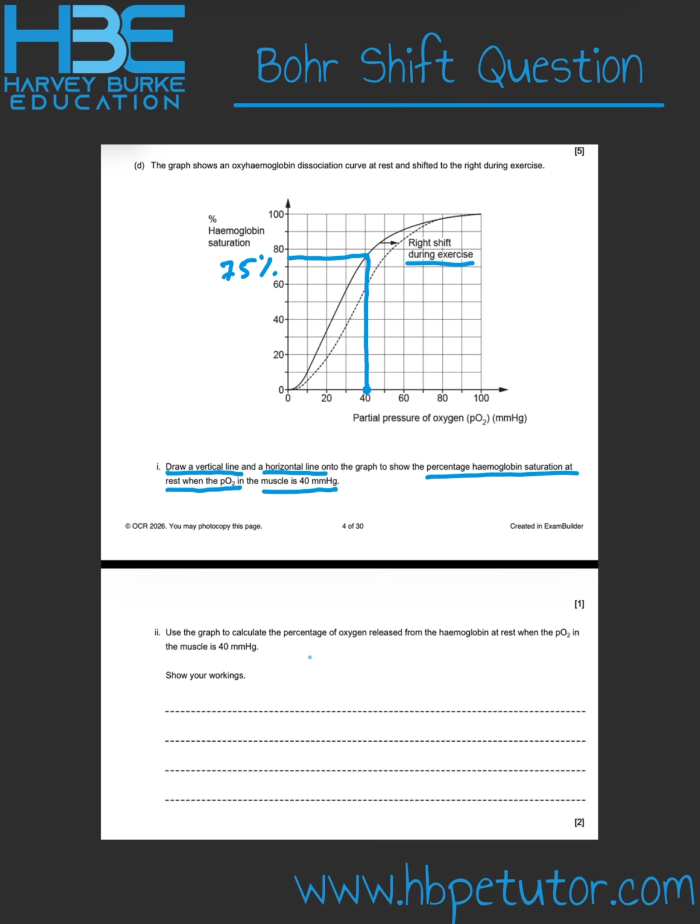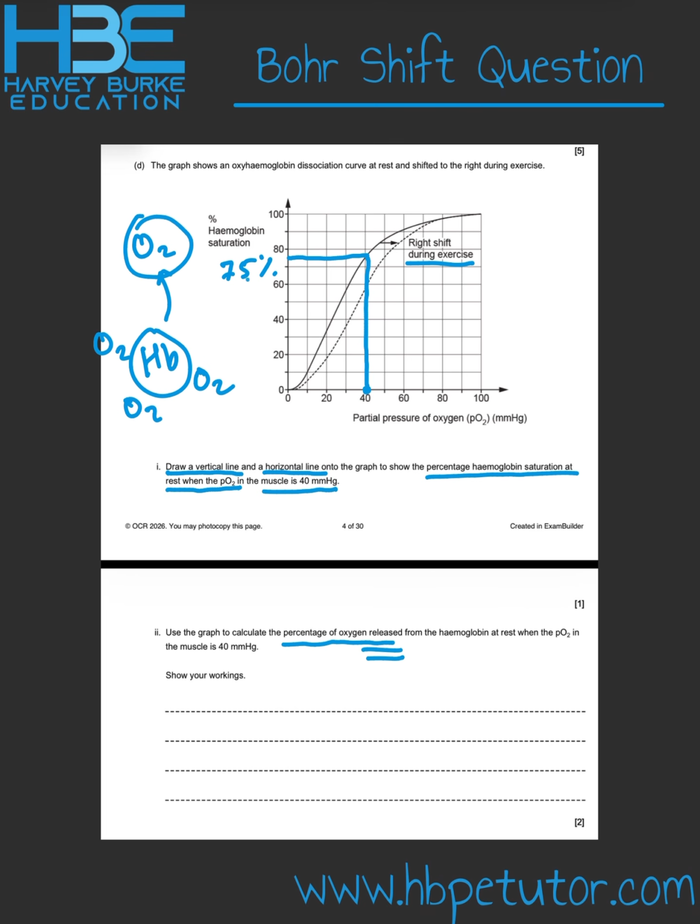And then it says use the graph to calculate the percentage of oxygen released from hemoglobin at rest when the partial pressure of oxygen was 40 millimeters of mercury. So here it's telling me that that hemoglobin molecule is 75% saturated with oxygen, which means that it still has 3 out of the 4 oxygens bound to it, and it's dissociated with 1 of the 4.